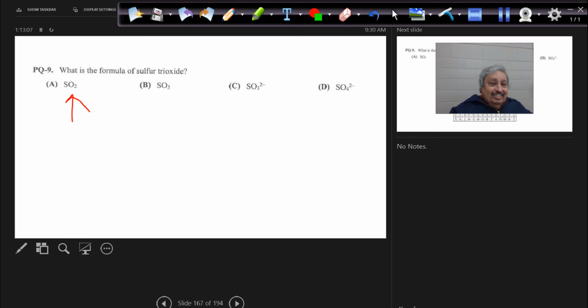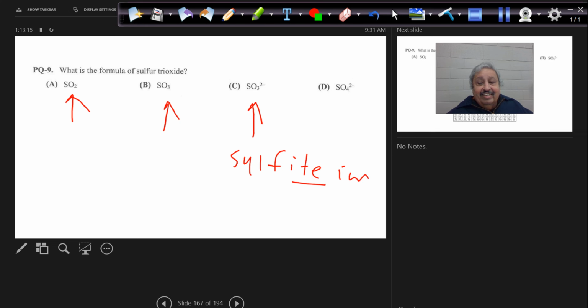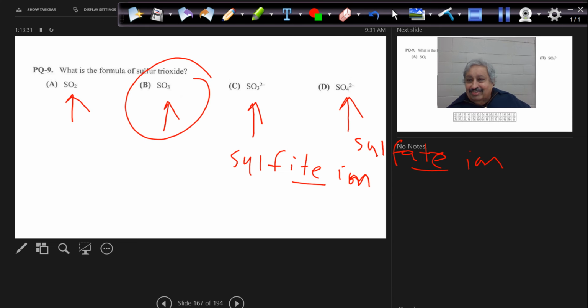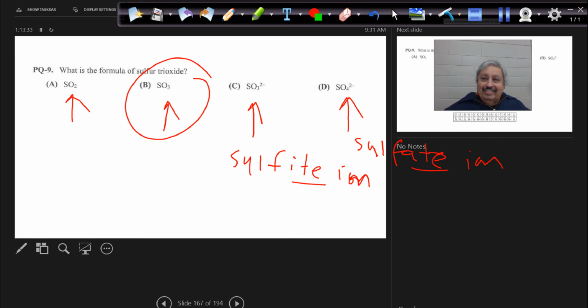Dioxide. Sulfur trioxide. This is sulfite, I-T-E, ion. And this is sulfate, A-T-E, ion. Correct answer is B. This time you couldn't see the answer. That's very good. But it's an easy question though.